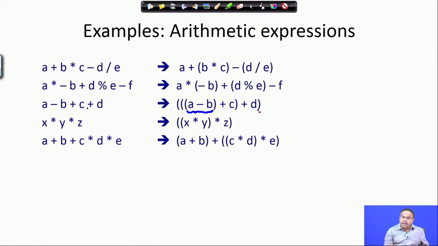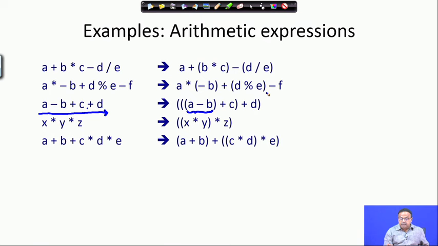That would have been done anyway. Why? Because since these are of the same priority, that would be done left to right. So, first this would be done, then this, then this. Okay? Either way. Here also the same, I can write it in this way, but that is the precedence being shown in the form of brackets.